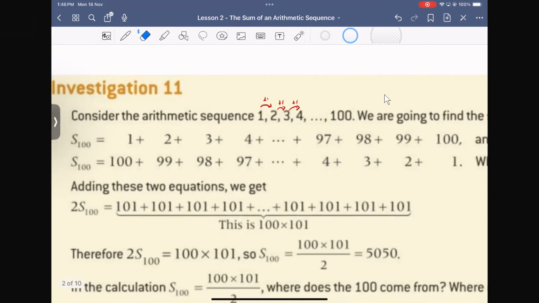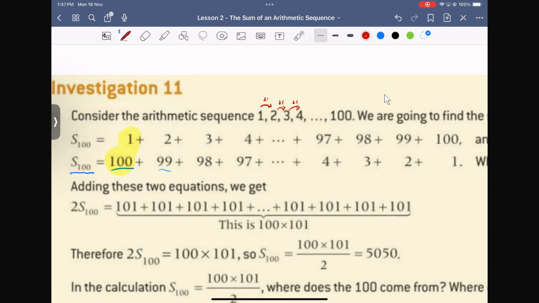Now our strategy for this is we are going to take another equation which is still the sum of the first 100 terms, but counting backwards. So we're going to have the last term first, 100, then 99, and so on all the way down. The reason we do this is if you take 1 and you add 100, what do we get?